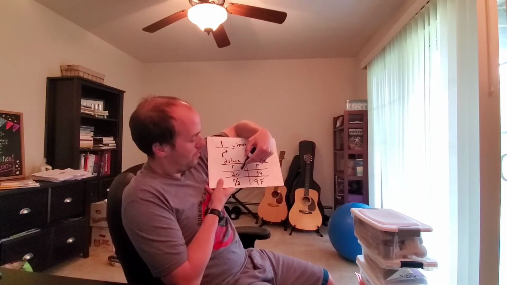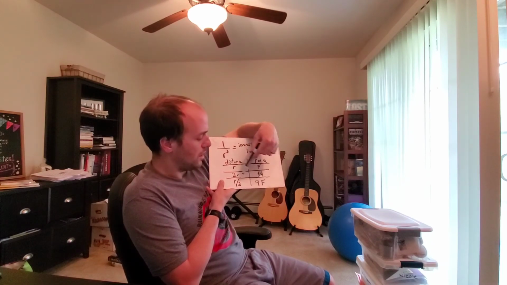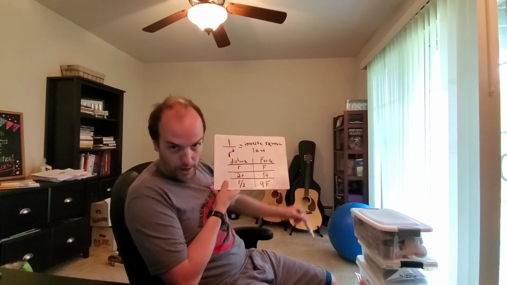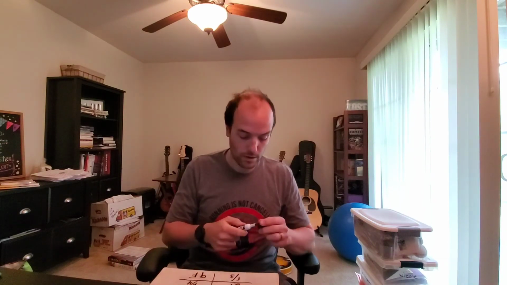The distance got smaller, the force got bigger. 3 squared is 9. That's the inverse square law. That is very, very important for this equation. Just like any force, the force of gravity is measured in newtons, and we know how to work with those. So that's all I've got for this particular video.